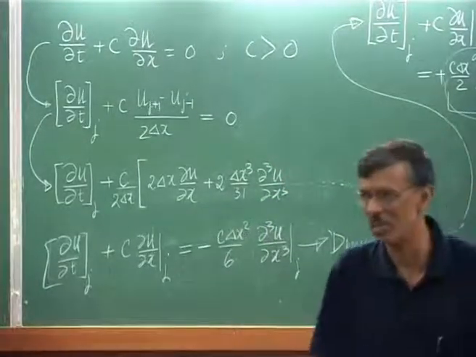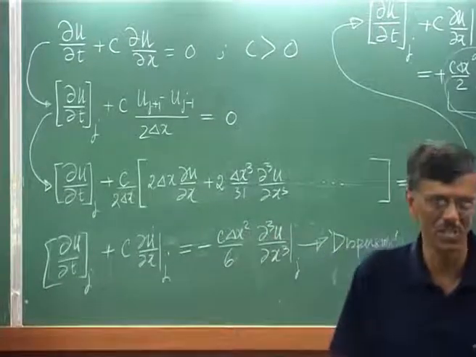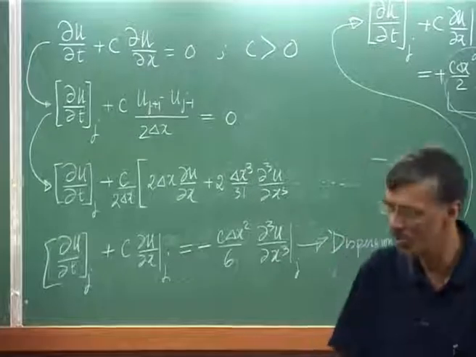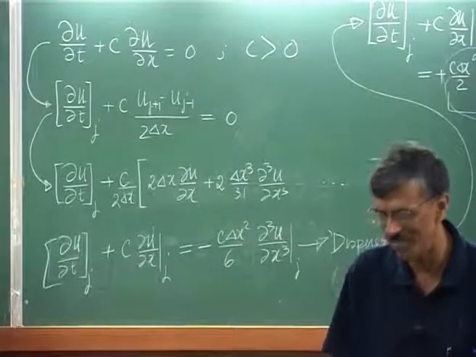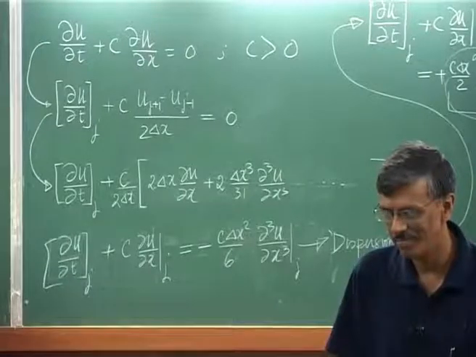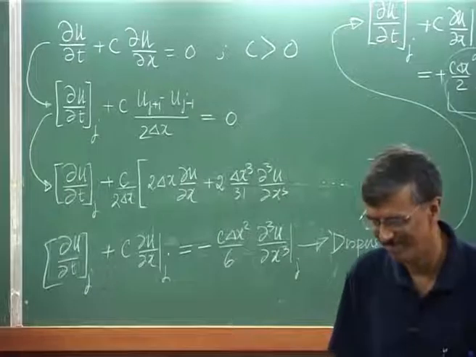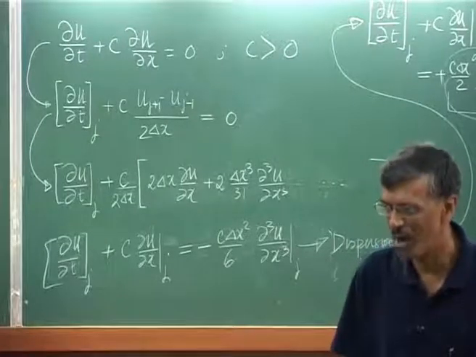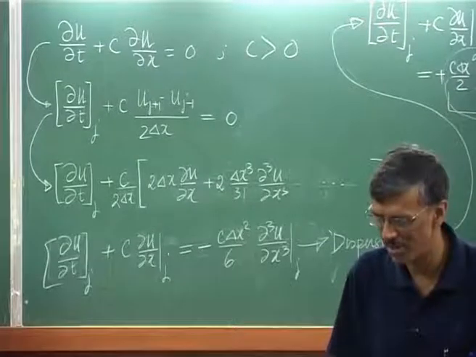I am not asking you to remember some kind of a mantra that all odd derivatives are dispersion and even derivatives are dissipation, but we should be able to rationalize why we call it dispersion. Yes, Abhishek? Why, how should we say that it is dispersion or dissipation?